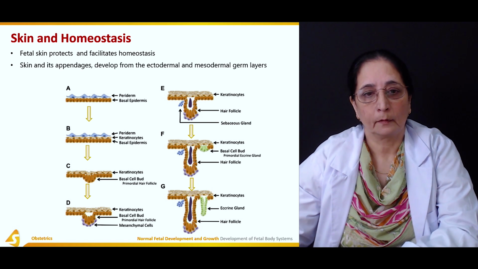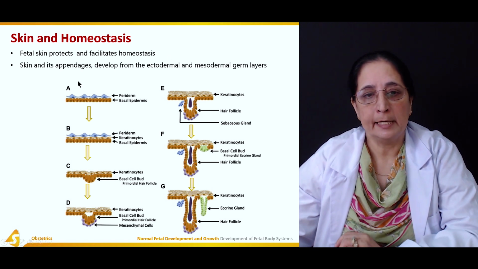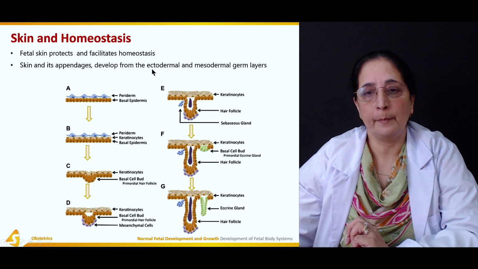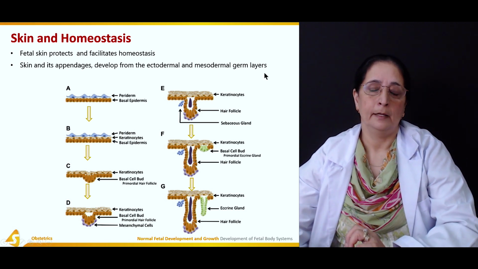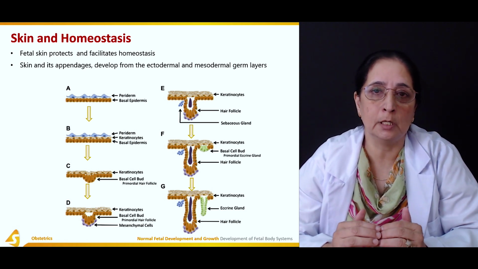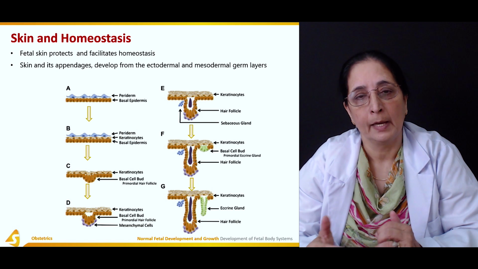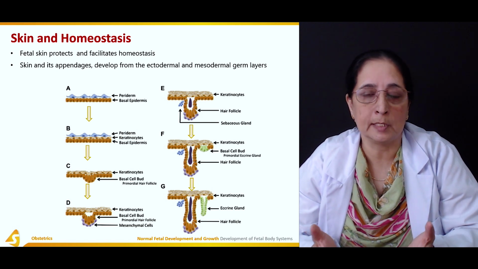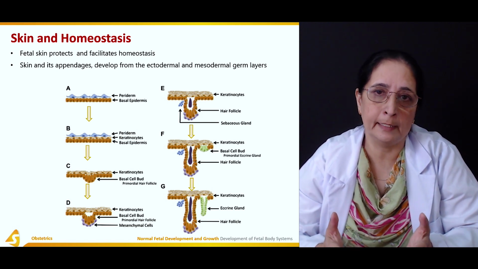Skin and its appendages develop from the ectodermal and mesodermal germ layers. There are three layers, we said: endoderm, mesoderm, and ectoderm. Ectoderm is the outermost layer, mesoderm is the middle layer.